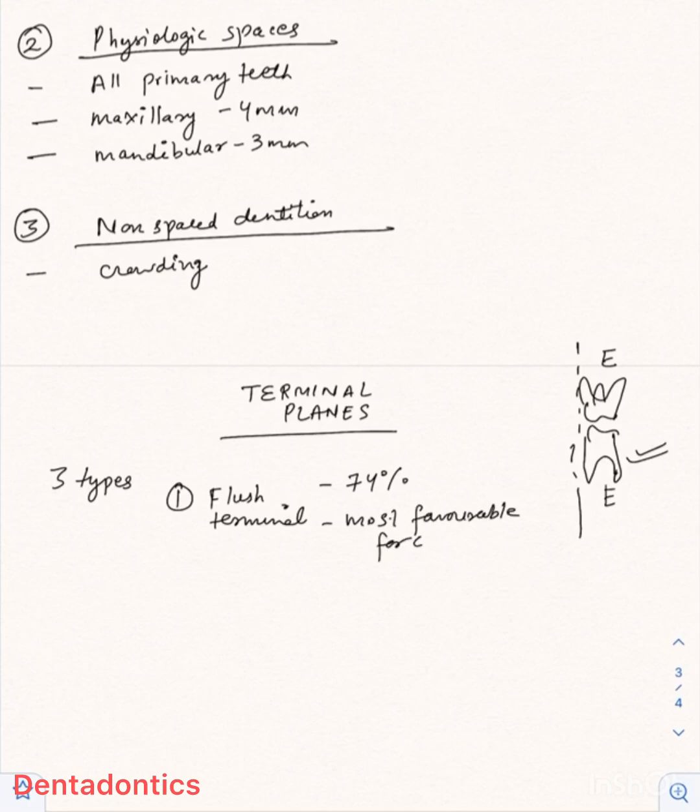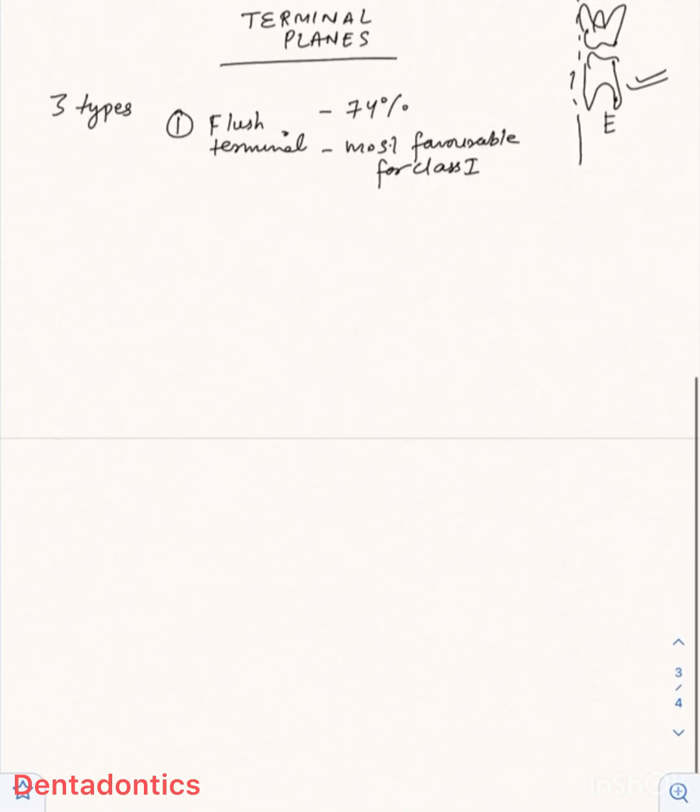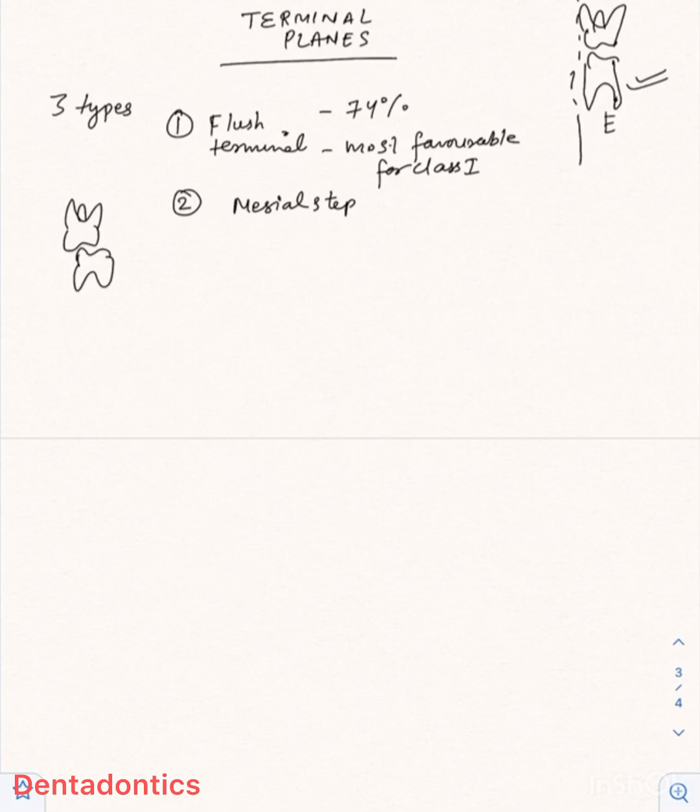Second one is mesial step. It occurs in 14% of the population, and this mesial step is when the mandibular second deciduous molar is slightly mesial to the upper E, and it is most commonly converted into class 3.